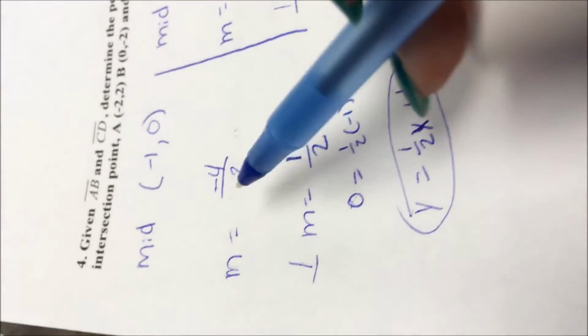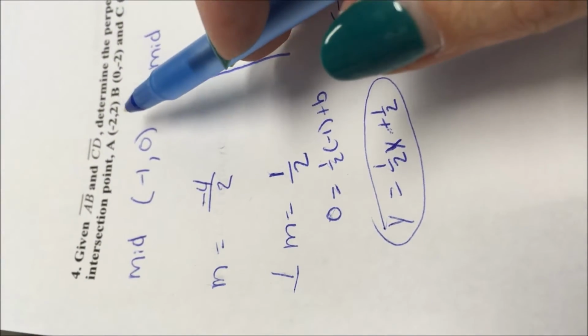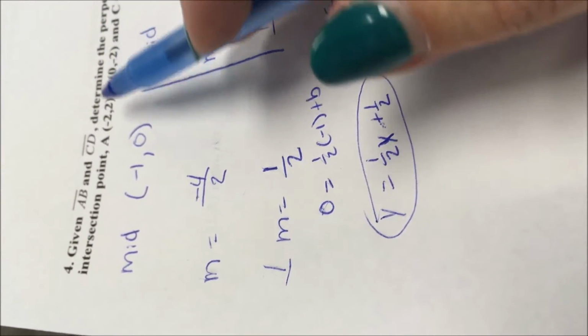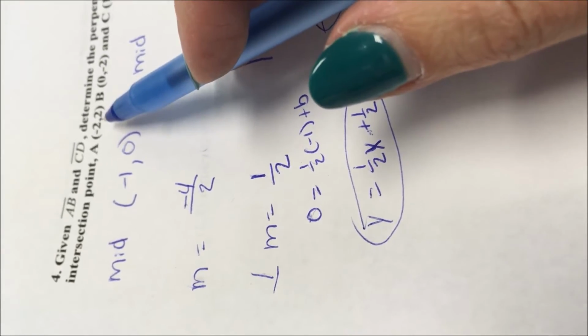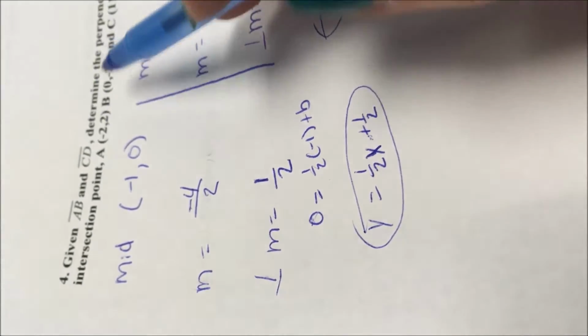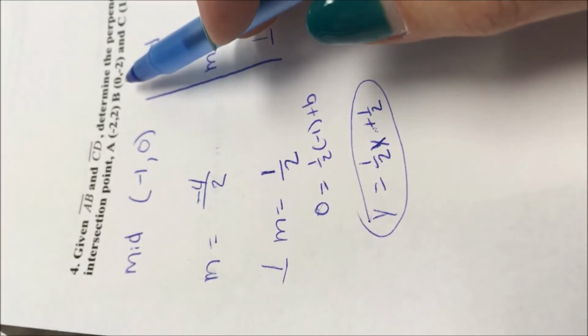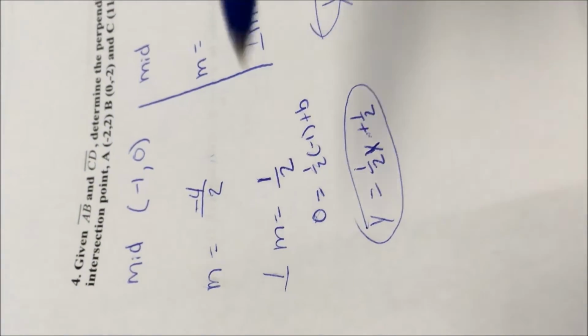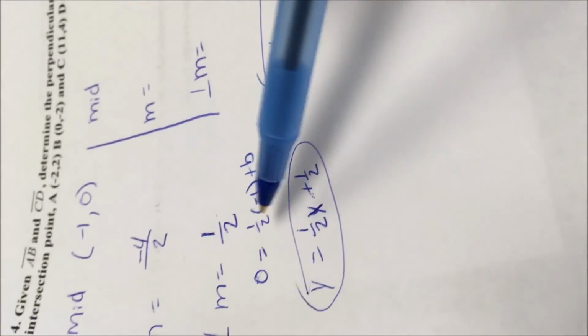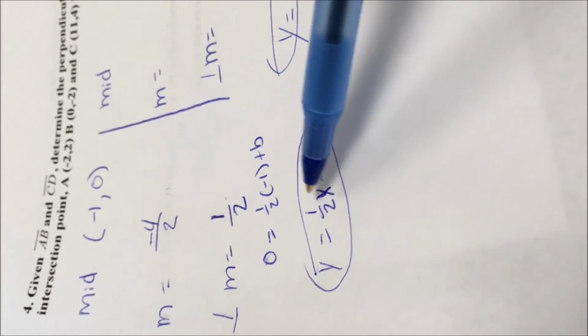Okay, so my slope, change in y, is a change of negative 4, and x increases by 2. So its negative reciprocal is 1/2. When I solve for b, b is also 1/2. When I find the midpoint of CD, halfway between 7 and 11 is 9.